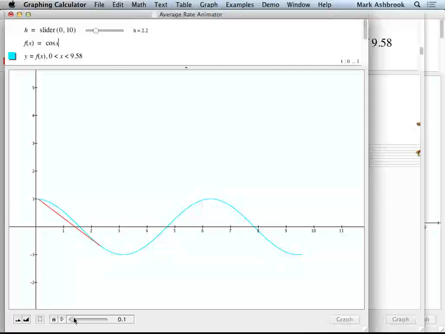If you're not using parametric, then you'll have to limit x with commas. Okay. So all you have to do for this one is just change the function, and then you can change the width of your interval with h and the starting point of your interval with n. Okay. So that's the average rate animator.